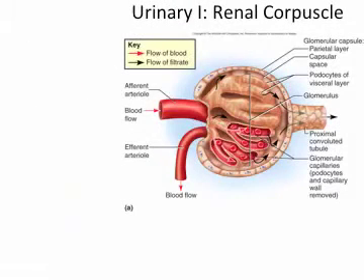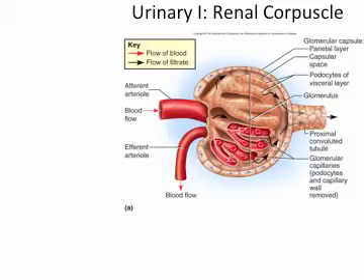In this cartoon, it shows the renal corpuscle in a little bit more detail. There's a key: flow of blood is in red, and flow of filtrate is the black arrow. If you look at the cartoon, you see the afferent arteriole that's bringing blood in.